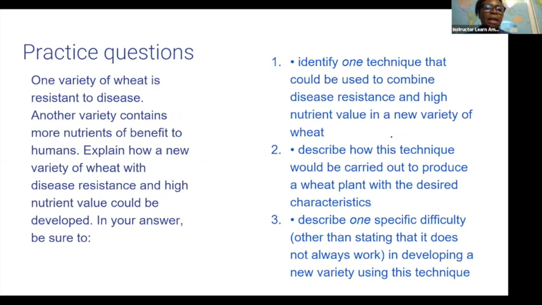Here's another one. One variety of wheat is resistant to diseases. Another variety contains more nutrients of benefit to humans. Explain how a new variety of wheat with disease resistance and high nutrient value could be developed. So what technique can you use if I want to make a wheat that is resistant and of high nutrient value?